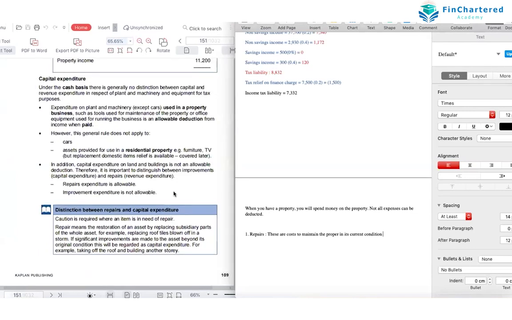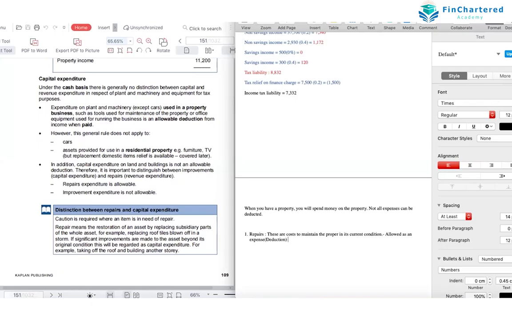So these repairs are expenses to maintain the property. And this, as we've seen, is allowed as a deduction. These expenses are more like the expenses to run the rental business, for the revenue to come.